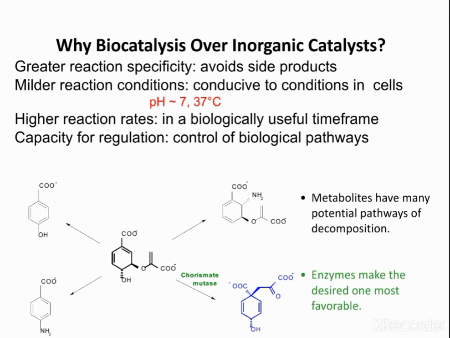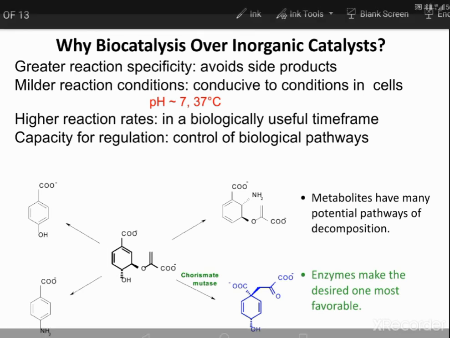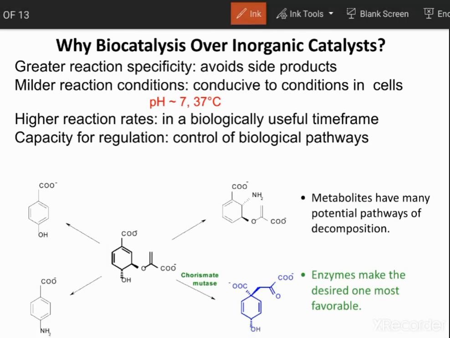This is another example of how biocatalysts have an upper hand compared to inorganic catalysts. When we look at the type of reaction being catalyzed by enzymes, most enzymes have greater reaction specificity, as I was saying, and they avoid side products.